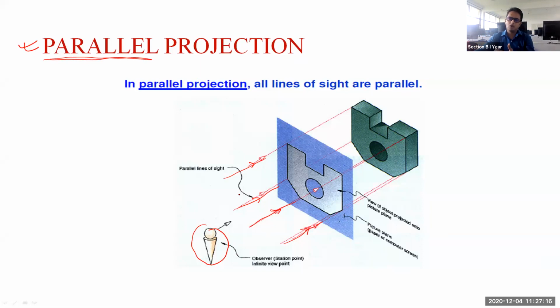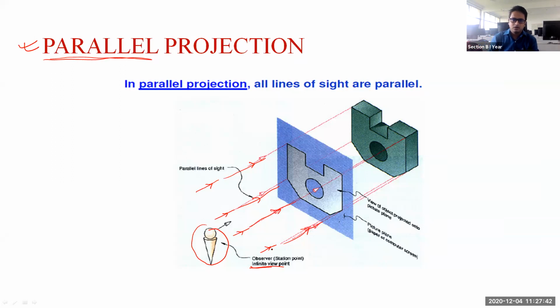And this will happen when the light source or the observer is very far away, or you can say at an infinite distance. The observer is placed at an infinite location, then only you will receive these parallel lines or parallel projectors.